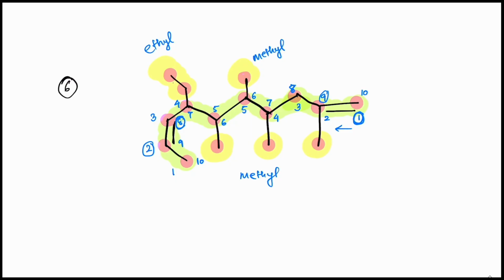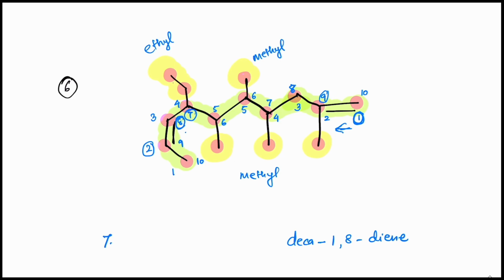So we have 10 carbon atoms in the parent chain. So it's a deca, then 1 and 8 diene. Now for the substituents, moving from the right to left, the ethyl group is at carbon atom 7.